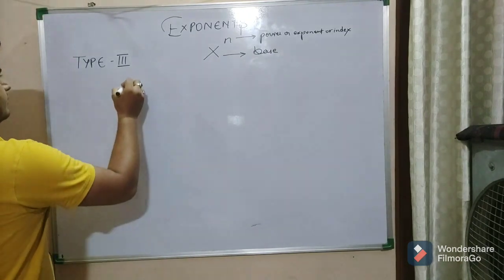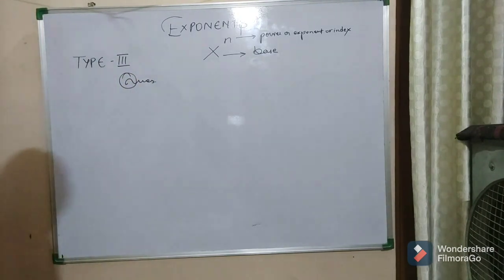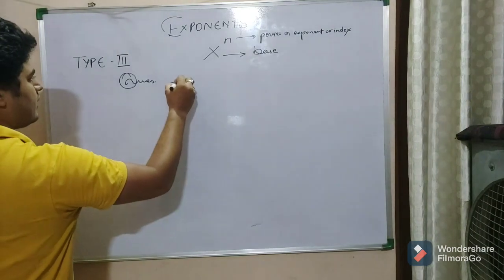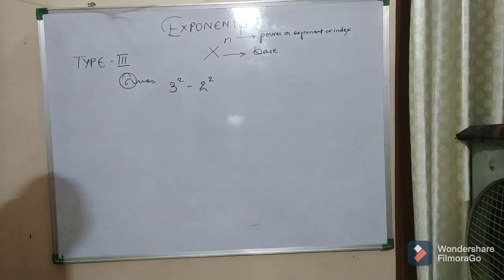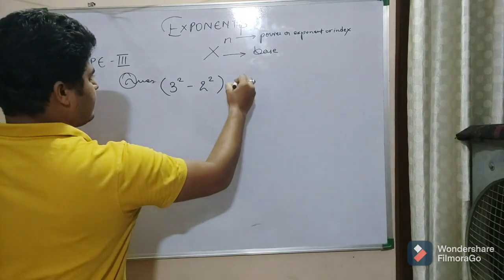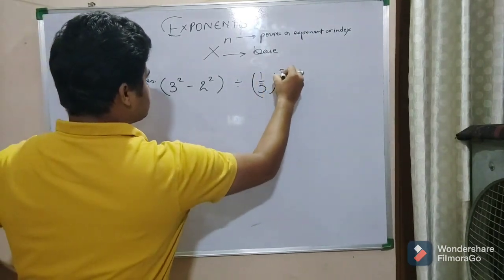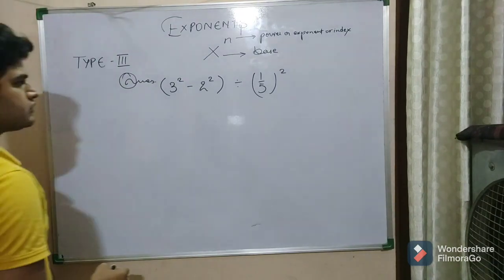In the same type, you can get a question like this also, like (3 square minus 2 square) in brackets divided by (1/5) square. Power 2 is called as square, power 3 is called as cube.